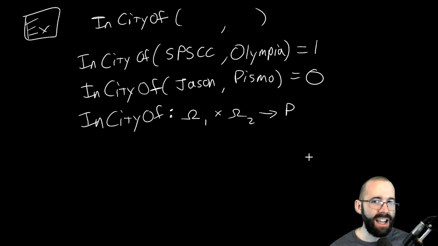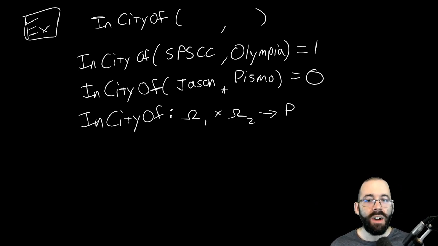So remember in the last video, we introduced a predicate with two inputs. This predicate was the in-city-of predicate. For example, SPSEC is in the city of Olympia. That's a true statement, has a truth value of 1. Jason is in the city of Pismo at the moment is false.